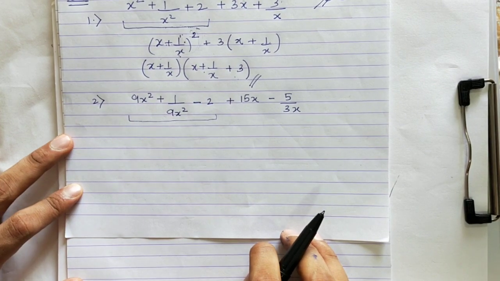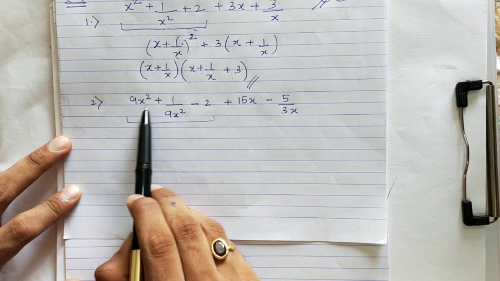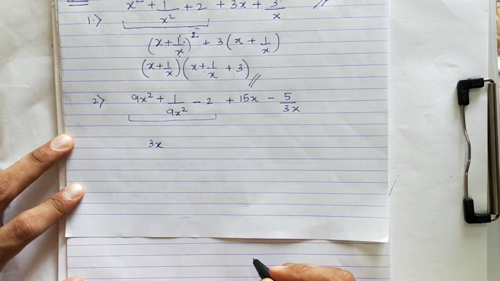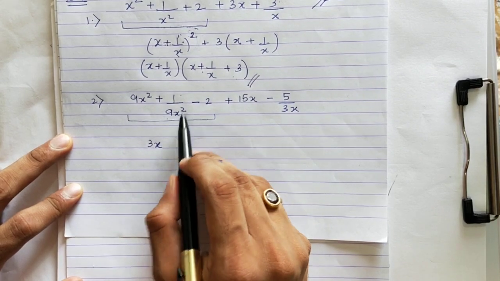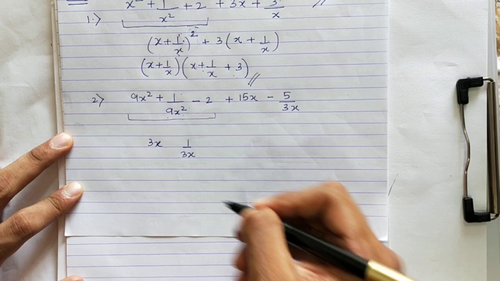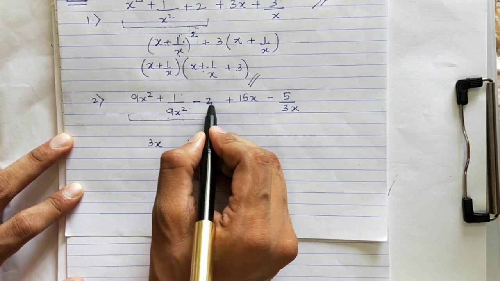How do you know that it is a formula? See, this is the square of which number? 9x square is a square of 3x. 1 upon 9x square is a square of 1 upon 3x. Correct?